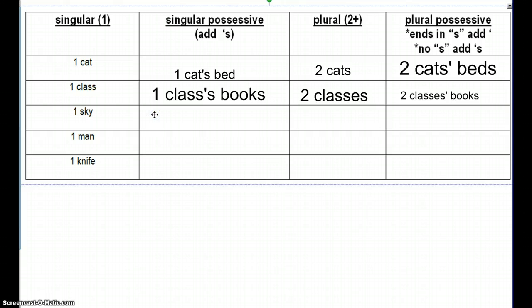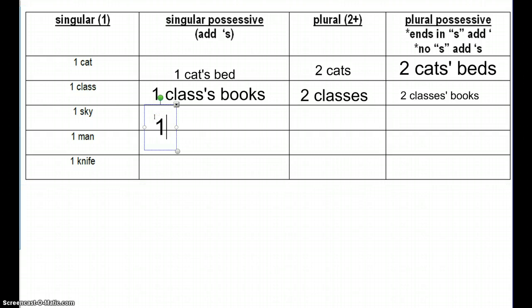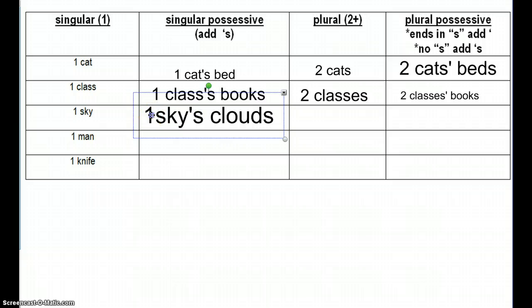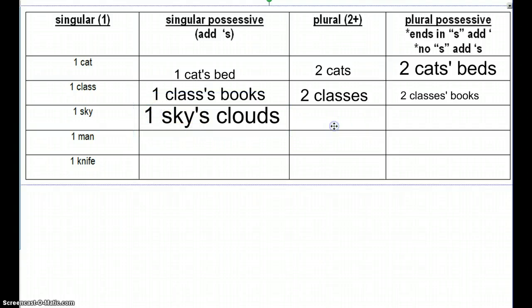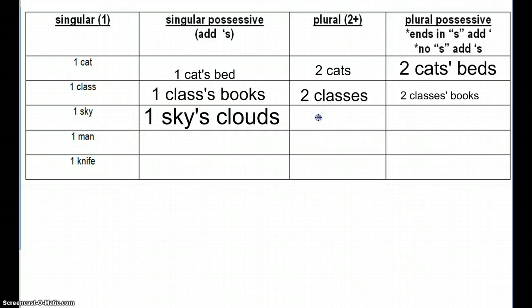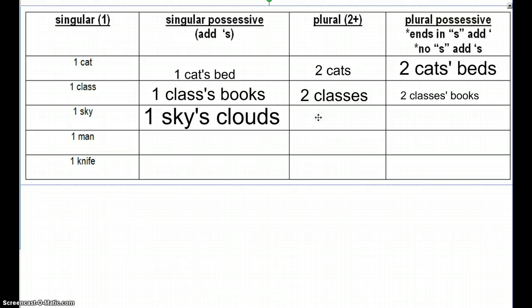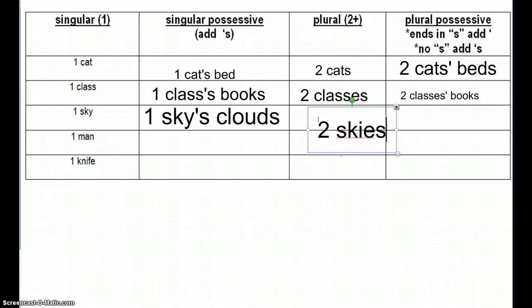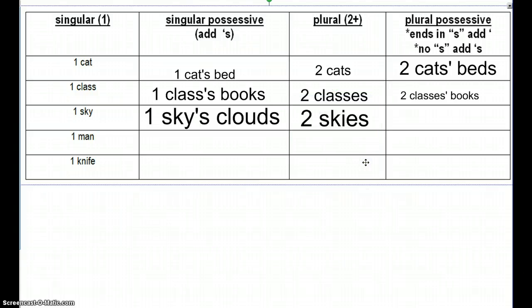Okay, so sky. If I wanted to show that the sky owns the clouds, I look at my rule, one sky. The rule is add apostrophe s, the sky's clouds. Now, if I wanted to talk about more than one sky, all the skies, two skies, we had a rule about changing your Y to an I and add ES back in elementary school, so we're going to remember that here.